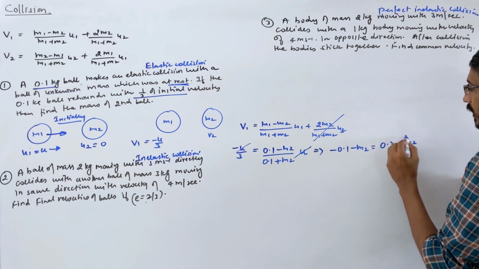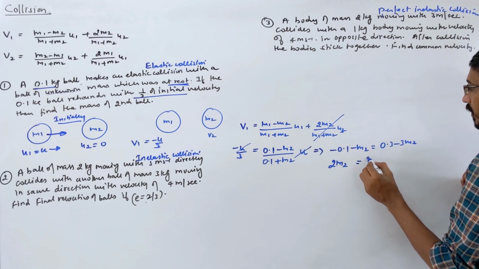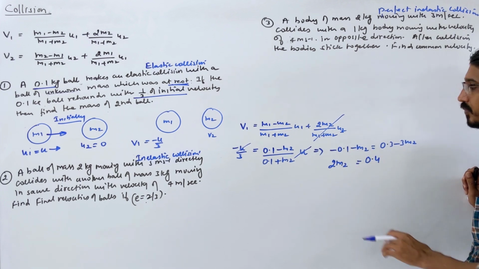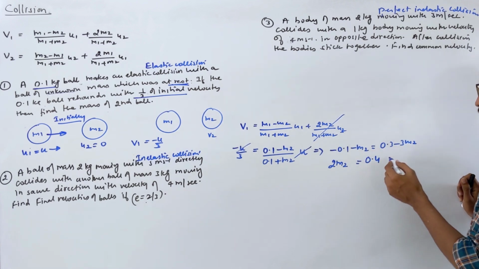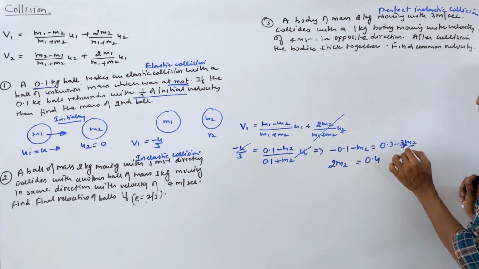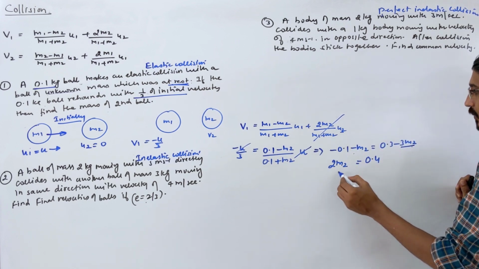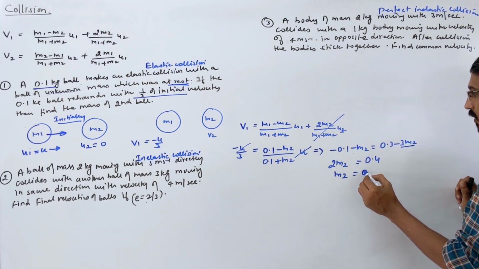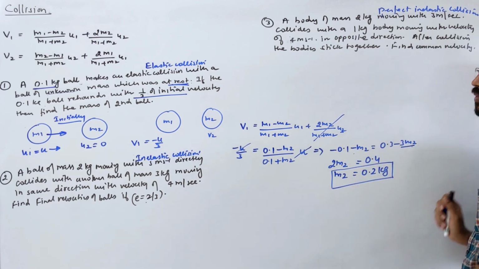When this term comes over, positive 3 m2 minus m2 becomes 2 times m2, and the other side becomes 0.4, since 0.3 plus 0.1 is 0.4. So m2 is 0.2 kg. This is the mass of the second ball.